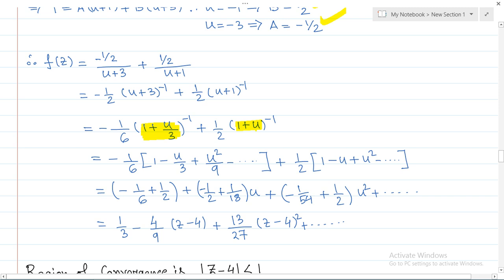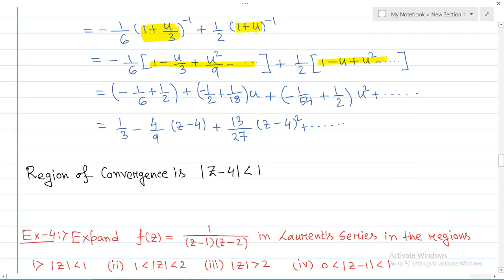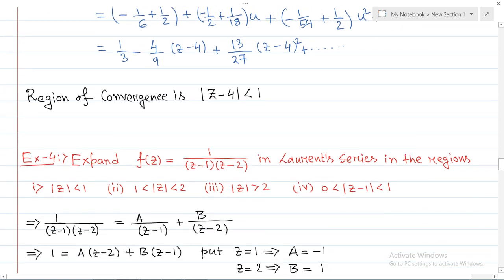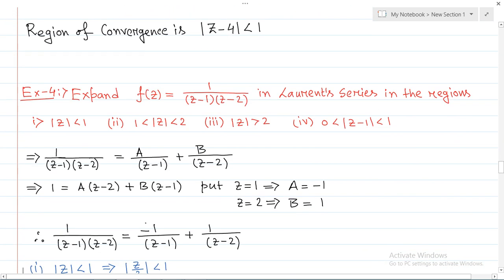That structure we have to bring and write down the series expansion. And finally, don't just leave the question by keeping u; substitute in place of u its value in terms of z, that is u equal to z minus 4. And the region of convergence for this question is also mod of z minus 4 is less than 1.